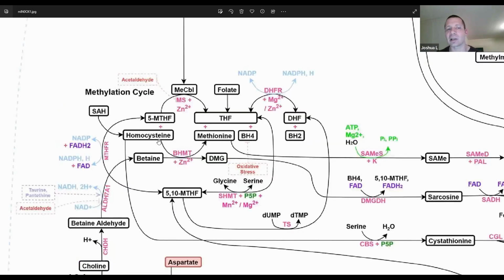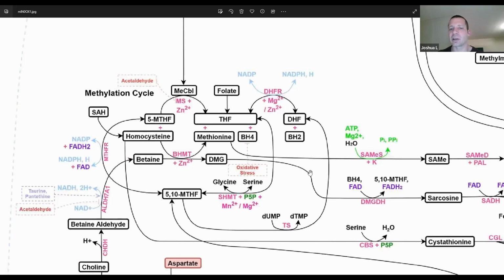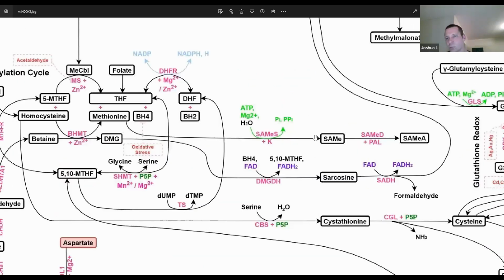Again, that issue with the zinc here, cysteine to methionine. We get to issues where we have low SAMe, and of course with low SAMe we have 200 plus proteins which have not been produced very well. So the methylation is a critical piece of the metabolic cascade here in some of these alterations.